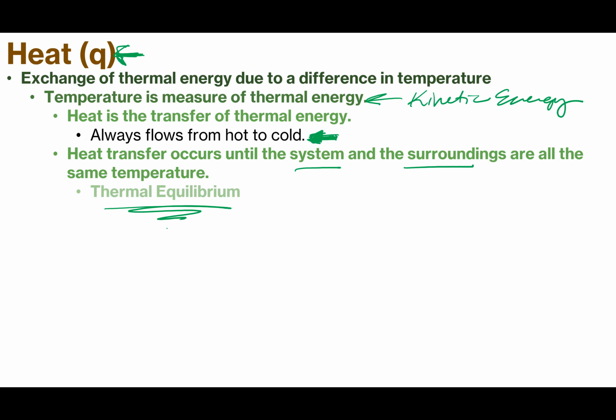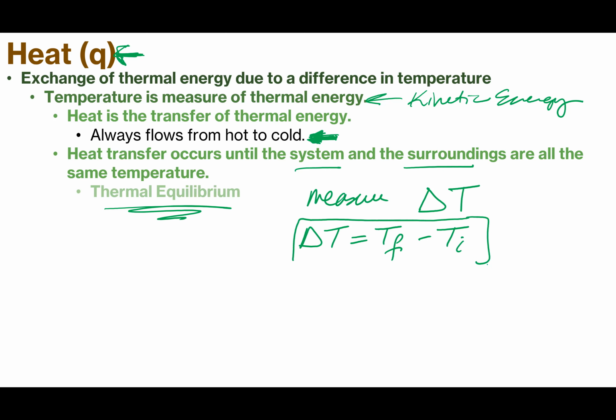Okay. When we're quantifying heat, the way we're going to do this is we're going to measure the change in the temperature. Our change in temperature is always going to be T final minus T initial. Where did you end up with, and where did you start? If we do it this way, we don't have to worry about the direction that the heat is going.